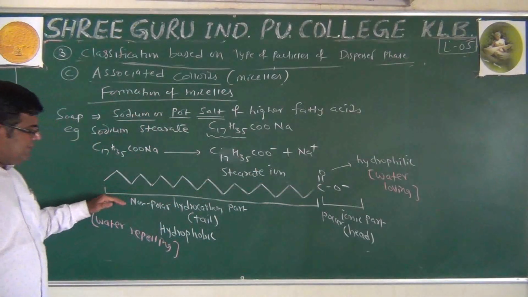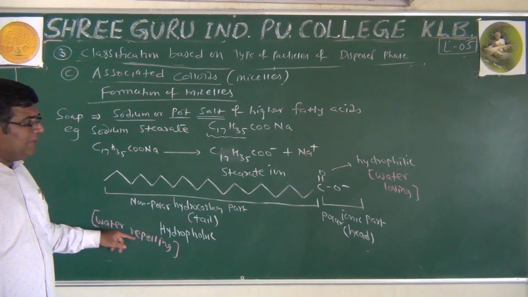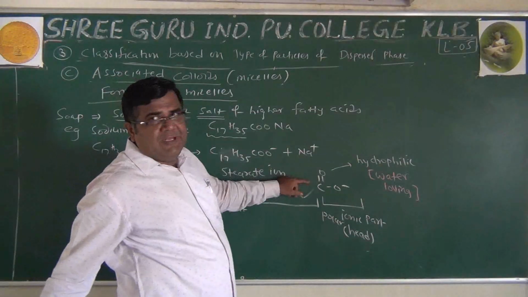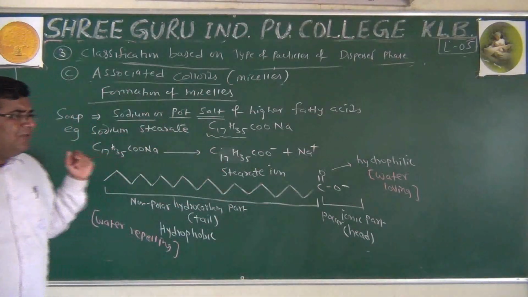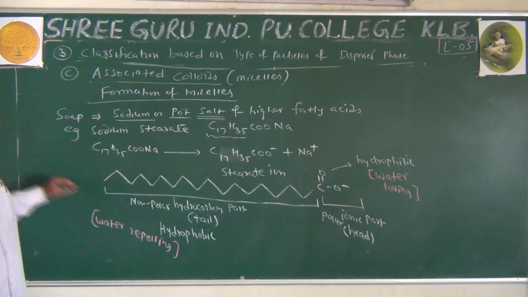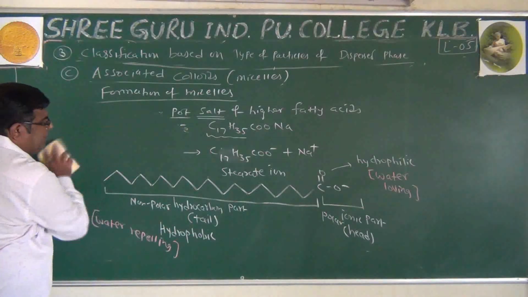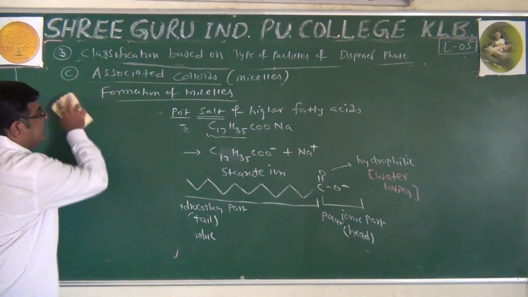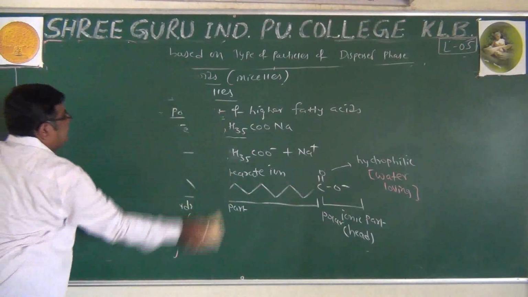That tail is hydrophobic, water repelling, and head is hydrophilic, which is water loving. Now, how does it form associated colloid? For that, I draw another diagram so that it will be very clear to you.